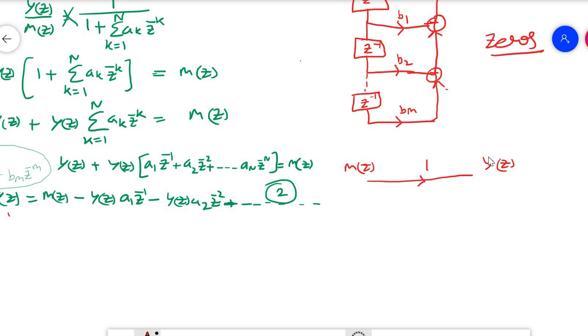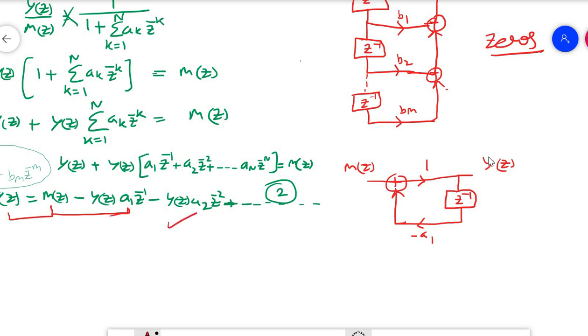Then after that, minus of Y(z) a1 z minus 1 means that from this Y(z), z minus 1 feedback in the form of this value, that is minus a1. Add it with M(z) and we get the output. Now this one is clear.